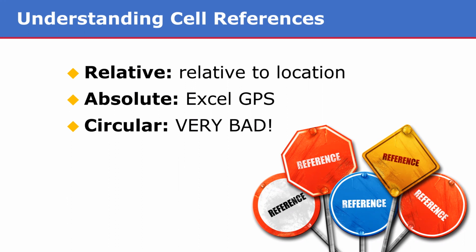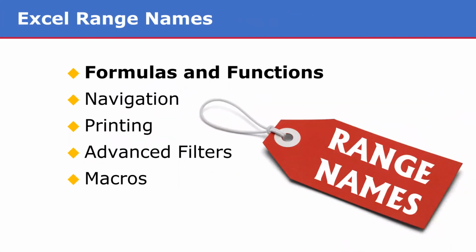Now, another topic I'll share with you and mentioned earlier is working with range names. Our focus today will be on range names within functions, but this is simply a way to name a cell or multiple cells so that you can label them, and it makes it easier to refer to.